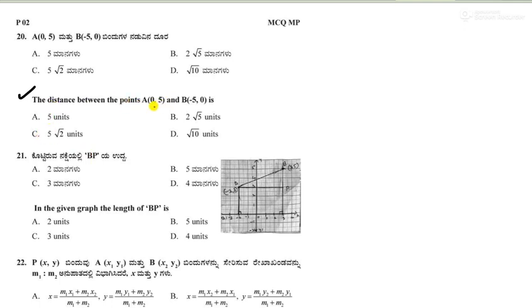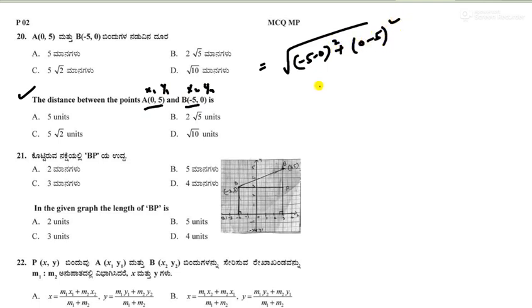The distance between the points this and this is dash. So just use the distance formula, x1 y1 x2 y2. So the distance formula is x2 minus x1, so minus 5 minus 0 whole square plus y2 minus y1 whole square, correct? Just substitute. So here you will get 25 plus here also you will get 25, right?